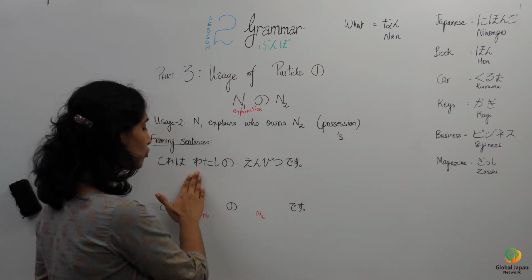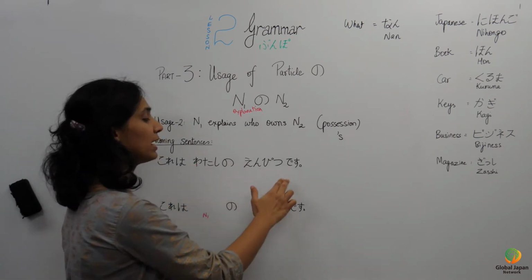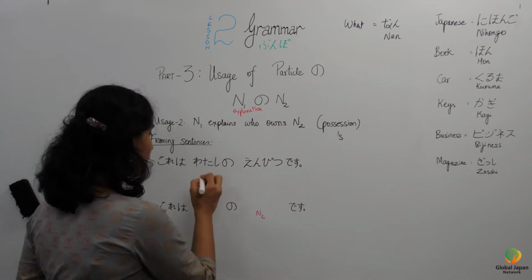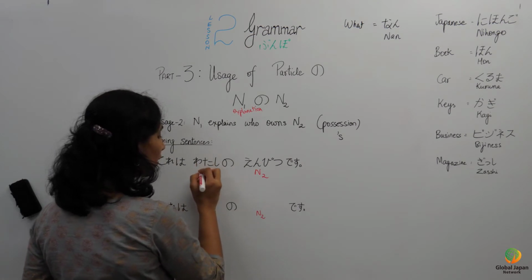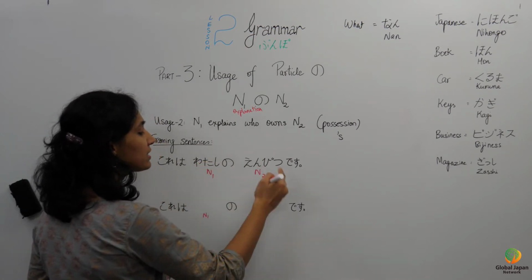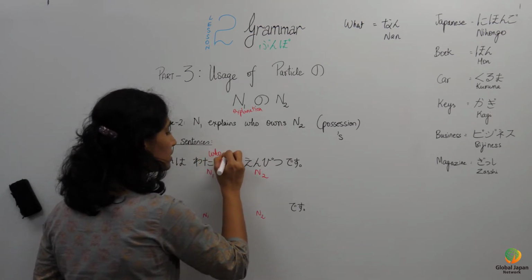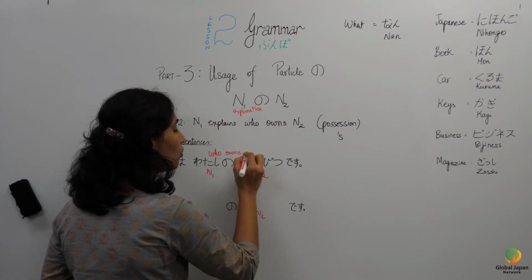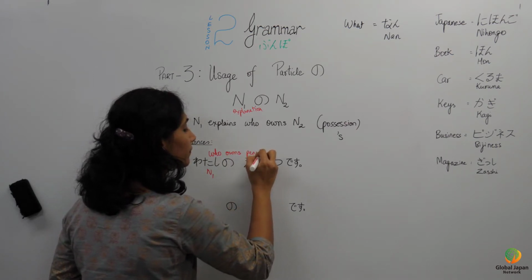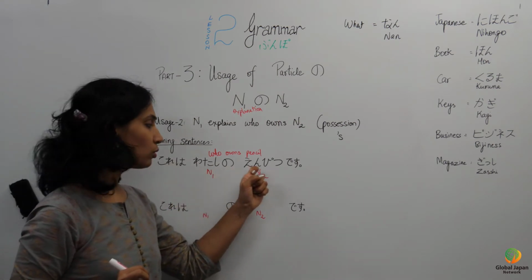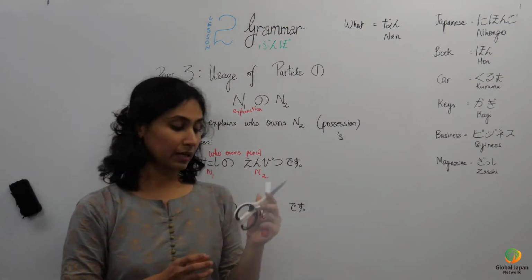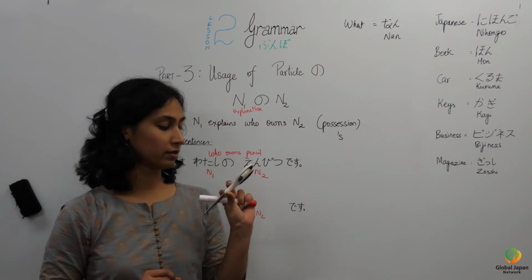And that will be put before it. Watashi no enpitsu desu. This is N1, N2. So N1 is going to tell who owns N2. Who is owning the pencil. Kore wa watashi no enpitsu desu.